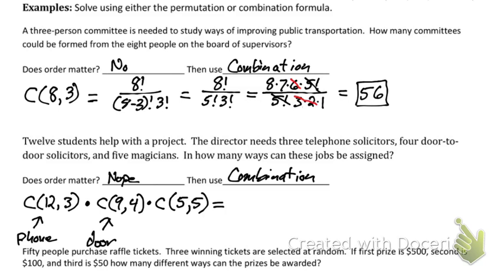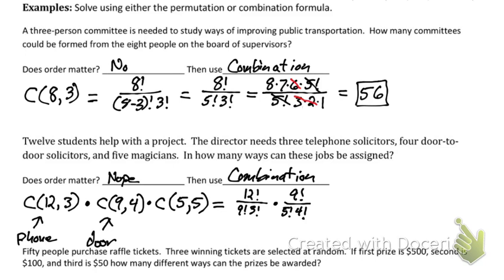So this is going to turn into a multiplication problem, which is going to look like this, where we have 12 factorial over 12 minus 3 factorial, which would be 9 factorial, times 3 factorial. Then we are multiplying by 9 factorial, all over 9 minus 4, which would be 5 factorial, times 4 factorial.